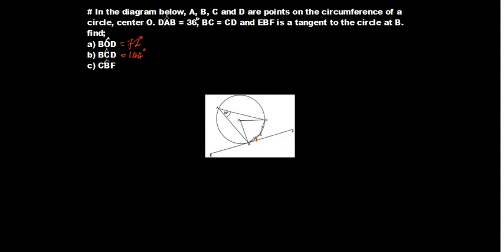So for me, what I would do is I would get the shape, which is OBCD, or BCD. Then I look at all the angles that I have. We have something like that.